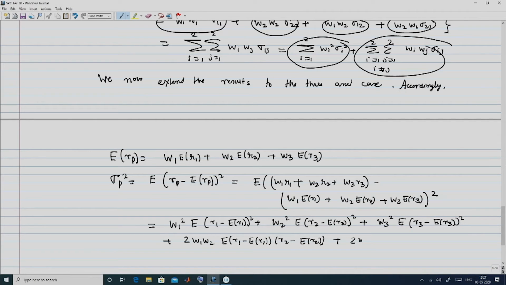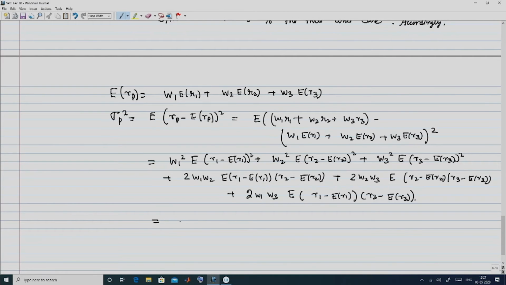plus twice W2 W3. So, this is going to be E of (R2 minus E of R2) into (R3 minus E of R3) plus twice W1 W3. This is going to be E of (R1 minus E R1) into (R3 minus E of R3).